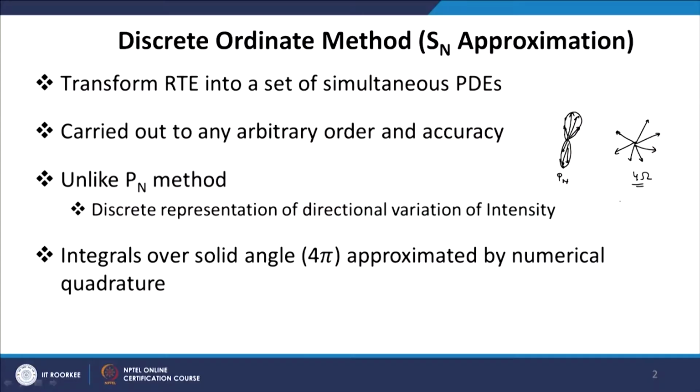So, we will integrate over the entire solid angle using a numerical quadrature scheme, where we have the weights W and the intensity. If we are integrating over intensity, then we will have intensity in only those discrete directions, where i represents the discrete directions chosen using a suitable scheme, and then we use numerical quadrature to integrate over the solid angles.